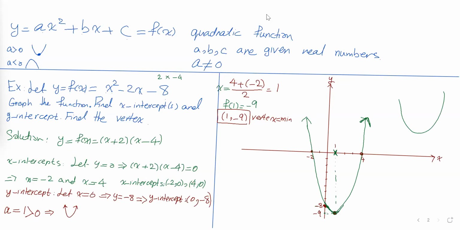There is no sharp point here. So it's very important to know that. So why is this called vertex? The point where the maximum or minimum occurs is called the vertex of a parabola. So if your parabola looks like this, this point is called vertex. If it is like this, then this point is the vertex.